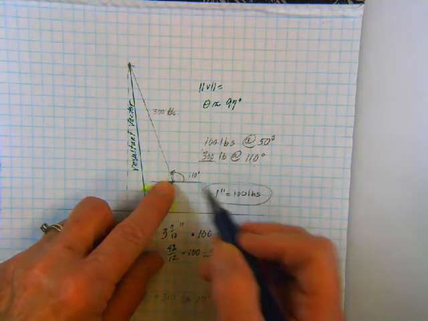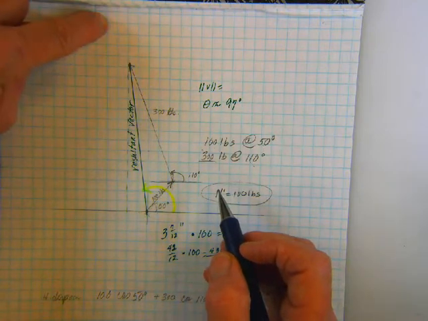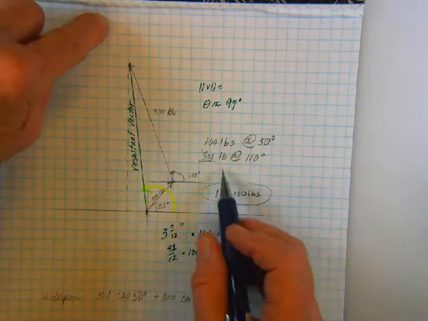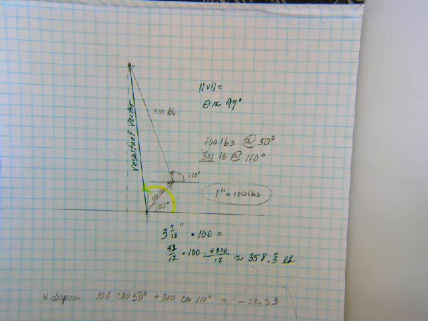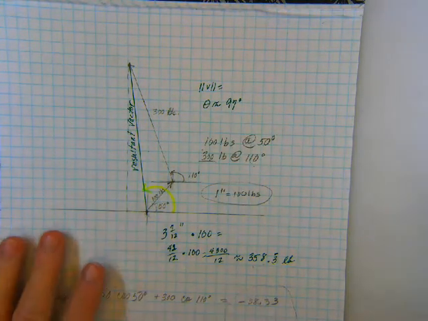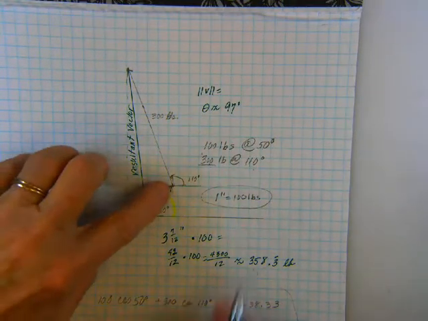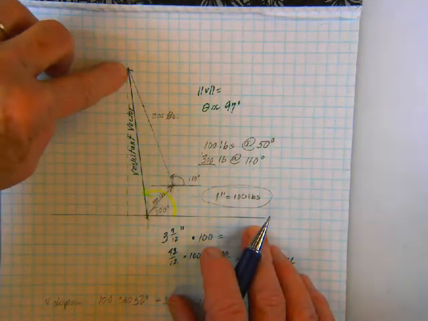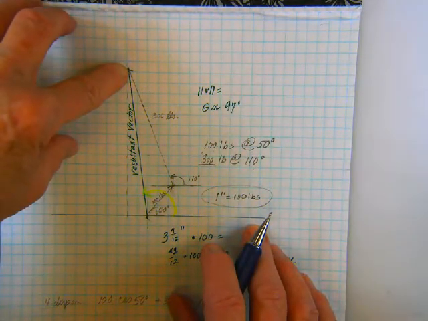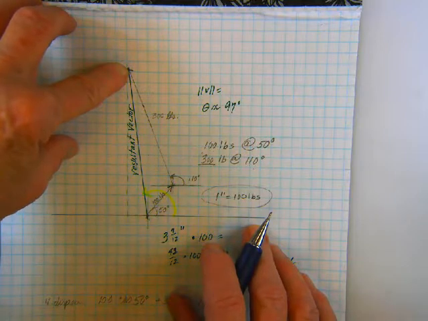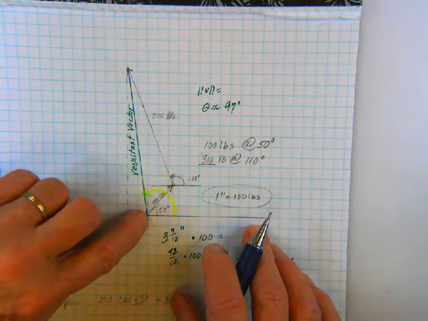That's this. Draw that line, and it's got 300 pounds. Well, I had let 1 inch be 100 pounds, so if this is going to be 300 pounds, I made it 3 inches long. Okay? Then this became my resultant vector.